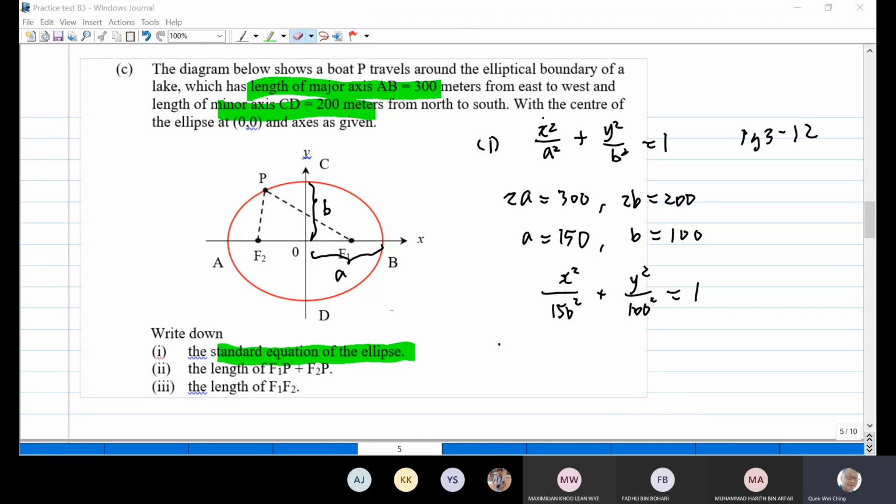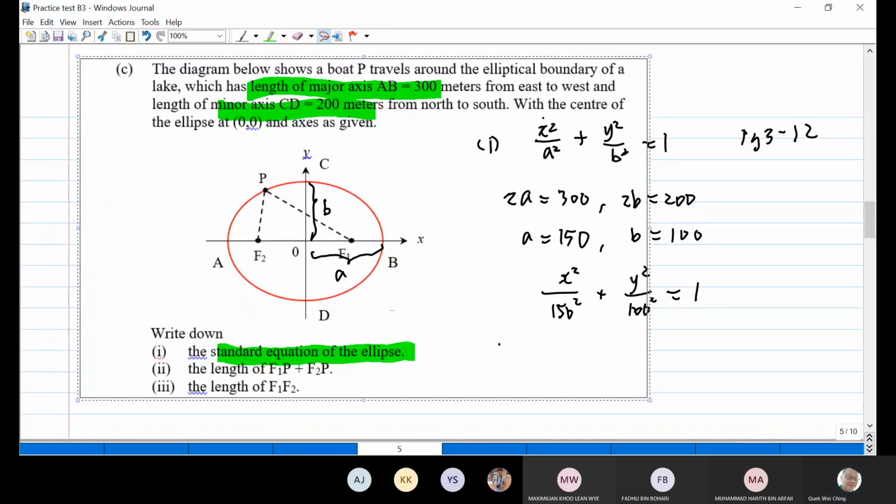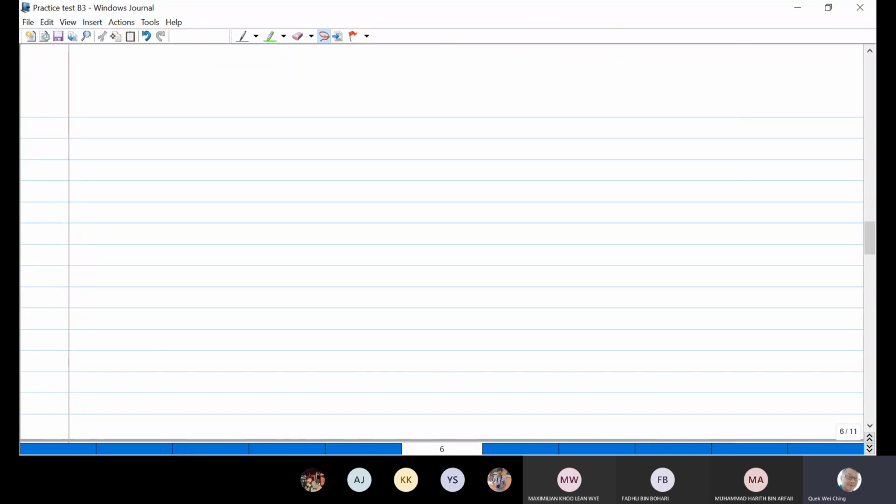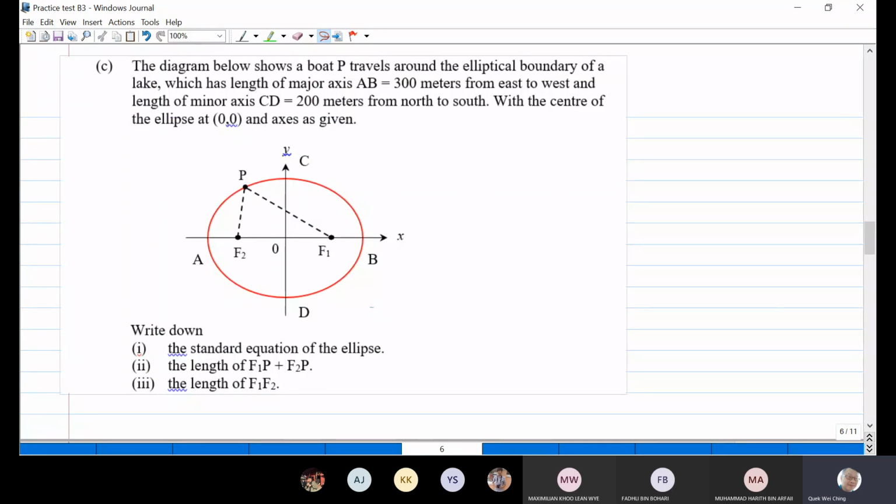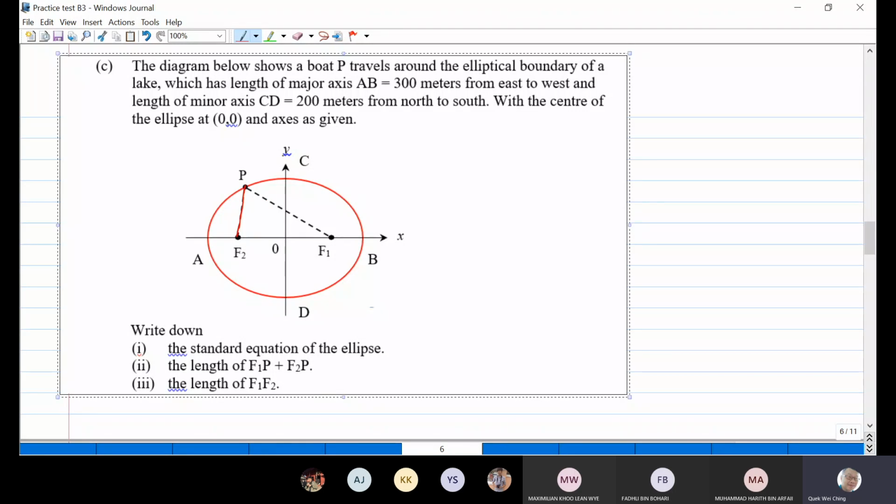Then I want to copy this question, part 2. So edit selection 2, copy this question part 2. The lengths F1P and F2P added together, what is this equal to? This is a standard formula. F1P is this one, and F2P. So you can draw it here.